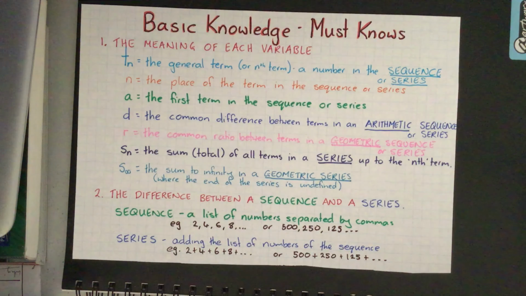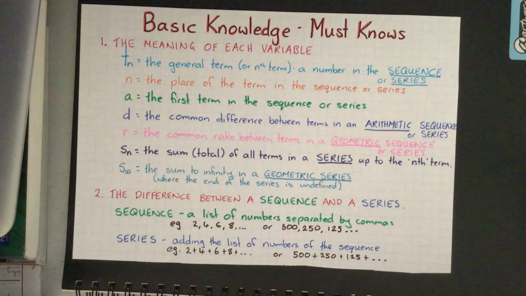D is the common difference between terms. So if we had term 1, term 2, term 3, and they had different values, the difference between those values would all be the same number, and that's defined as the common difference, represented by the variable d, and that only appears in an arithmetic sequence.